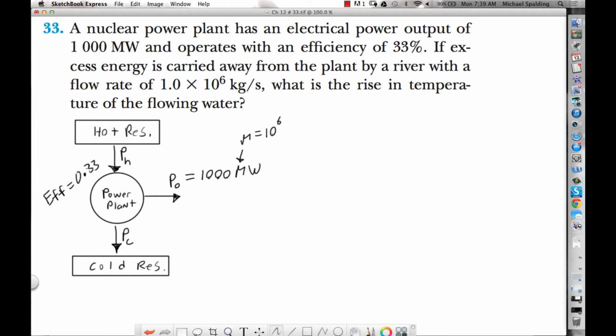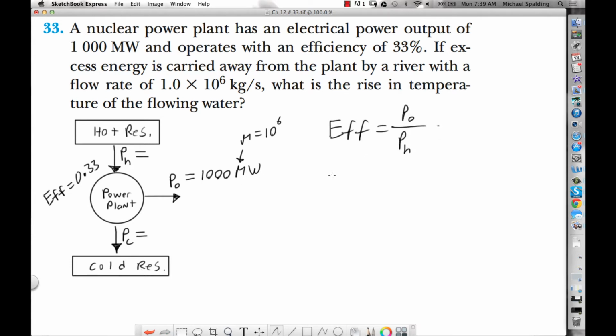Okay, so the first thing I want to do, let's figure out what's power from the hot, what's power to the cold. So what's the efficiency equation? Efficiency is going to be power output divided by power from the hot.